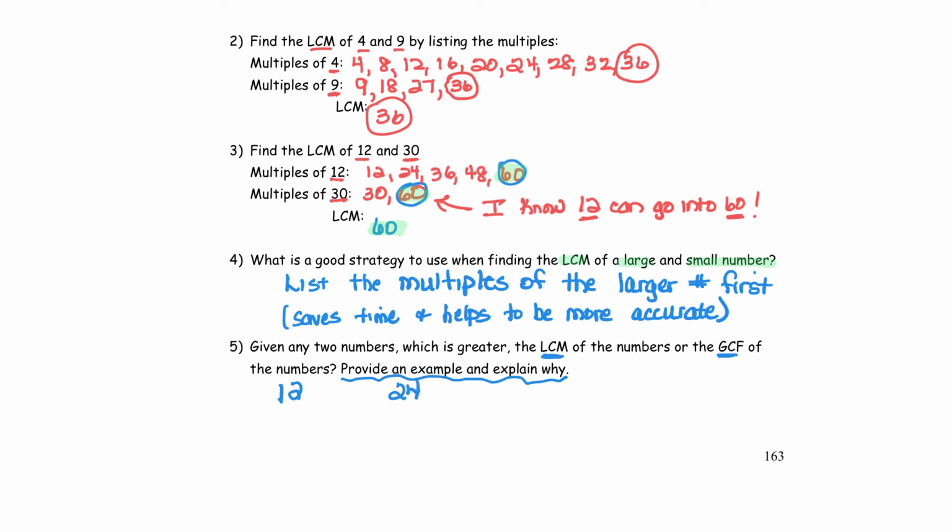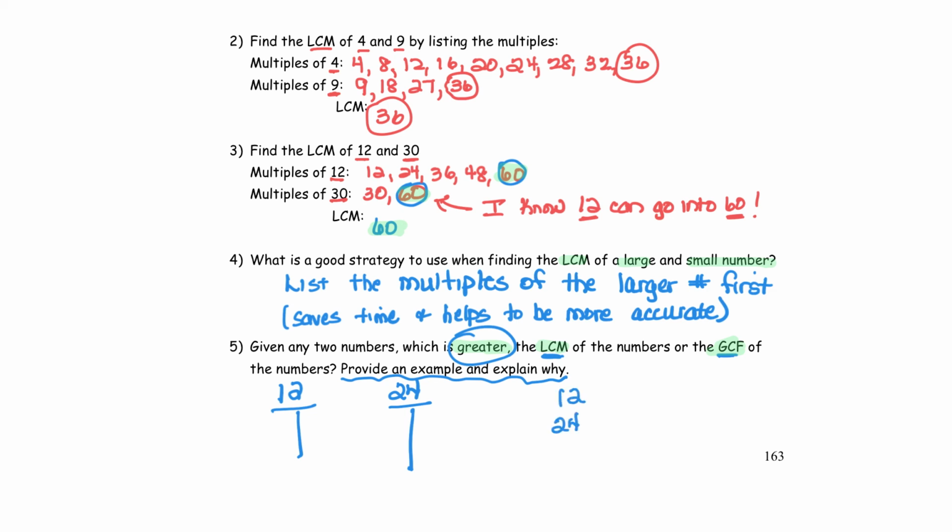So they're asking you which is going to be greater. Is the LCM of the numbers going to be greater, or is the GCF of those numbers going to be greater? So what I'm going to ask you to do is pause the video. I would definitely say make a T-chart for both of these, and then get your list ready for 12 and 24 and think about it.